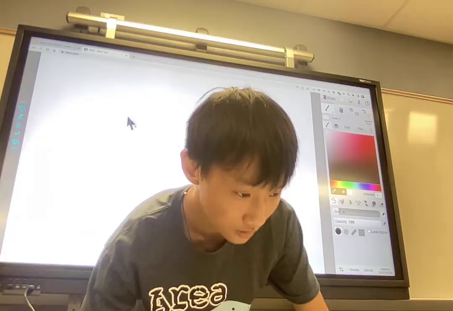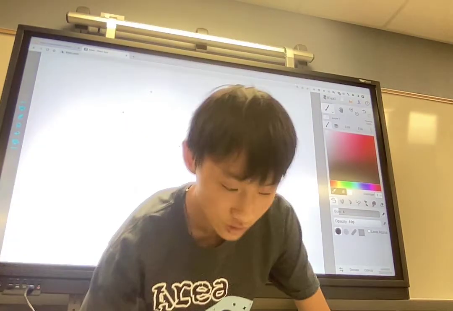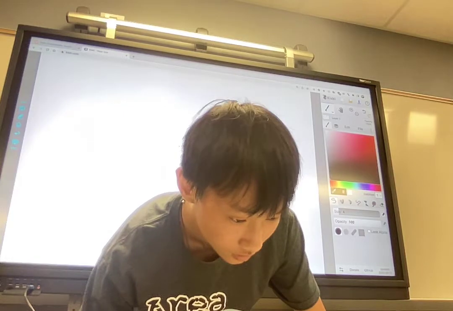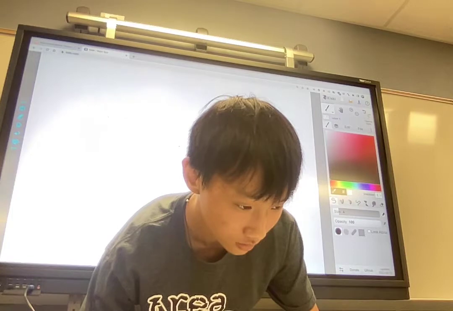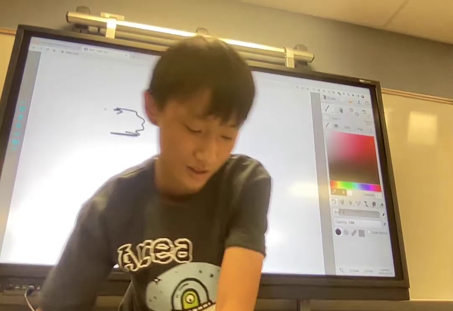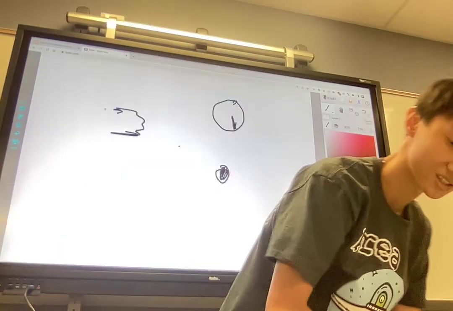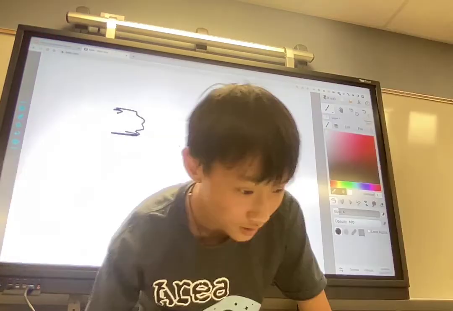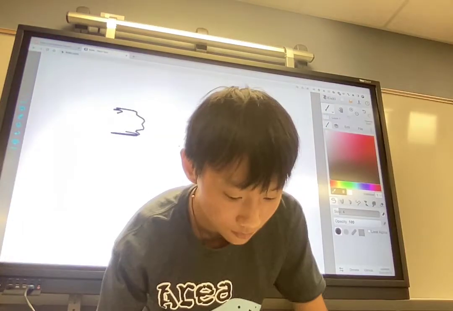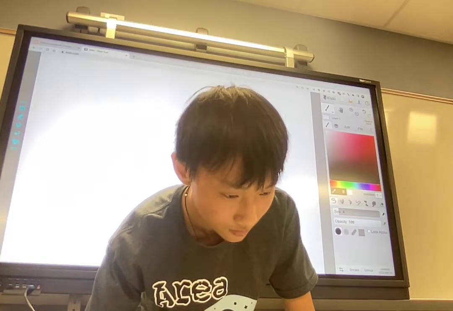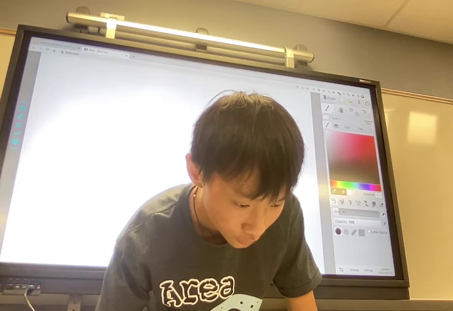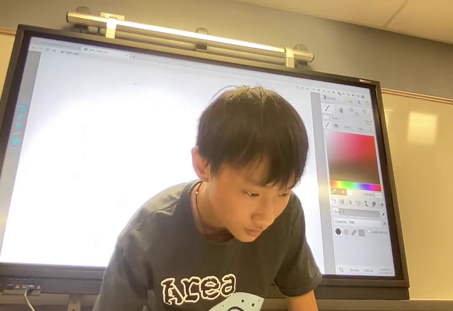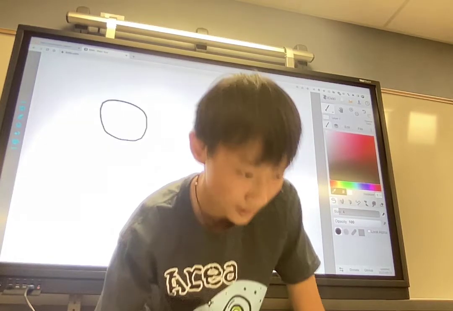So then let's also say that I have the driver right here. I'll just use the mouse, it's a little easier. So this is the robot, and then here's the driver, and then here's the gamepad.